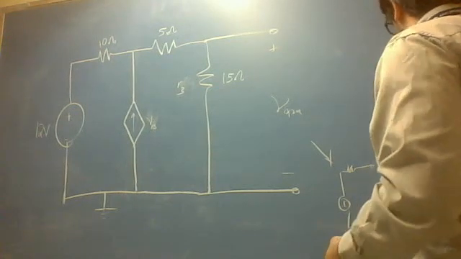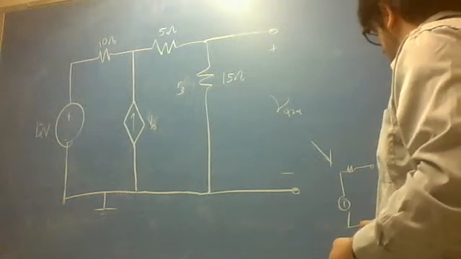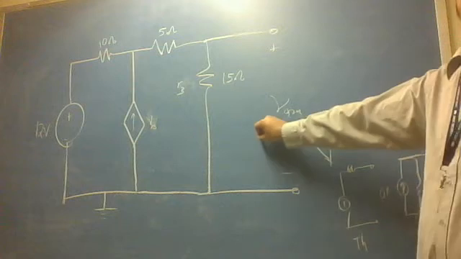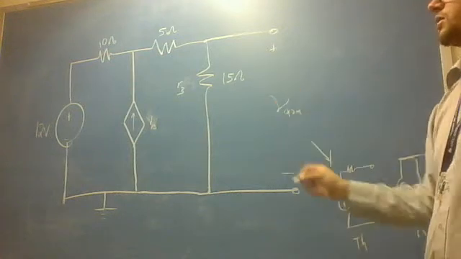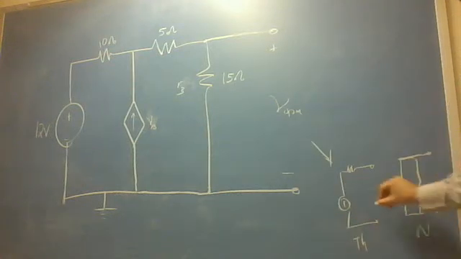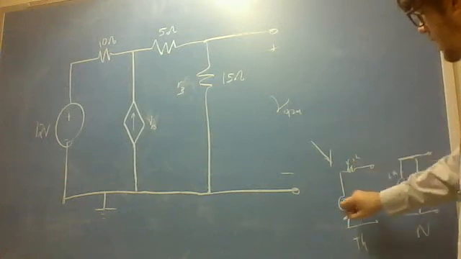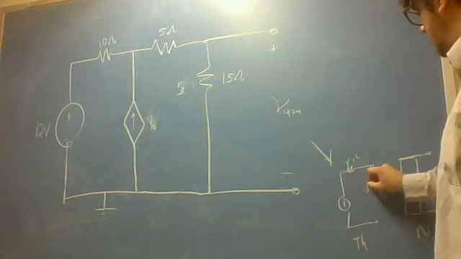Let me remind you, this is N, this is TH. In the Norton equivalent, we have an independent current source, and for the Thevenin, we have an independent voltage source. So we want to find a way to simplify this circuit that I just gave with all these arbitrary numbers to either this or this. In other words, something with the current IN with the resistance RTH and an open voltage.